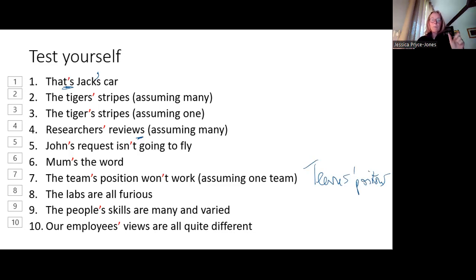Right, remember people is a collective noun, so it behaves like something that's singular, and just one. So we've got the skill of the people, it goes before the S. Okay, and finally our employees, there's just many of them, and it goes after the S.